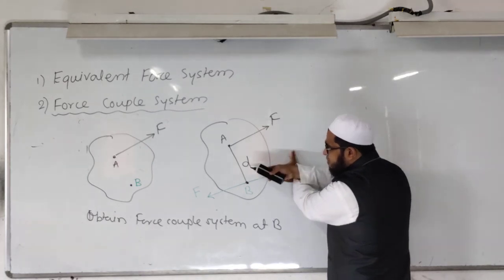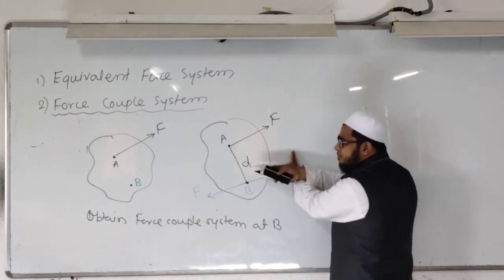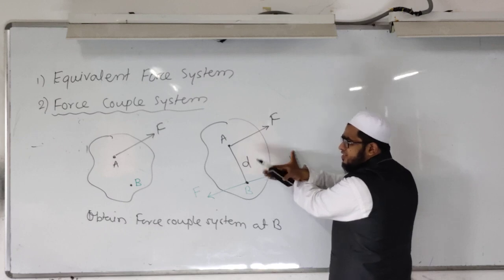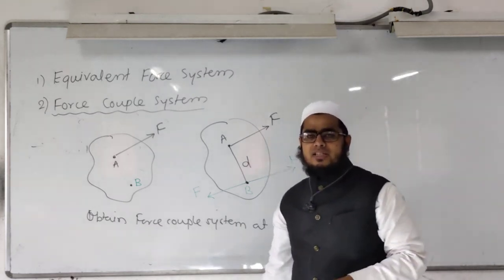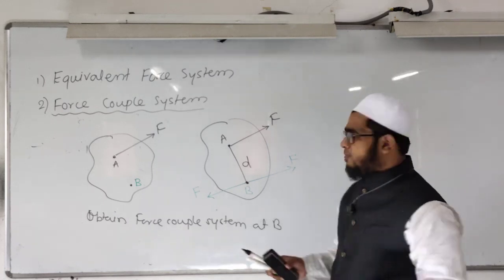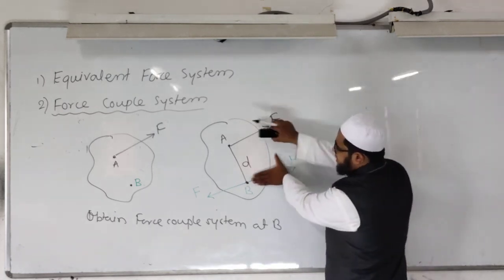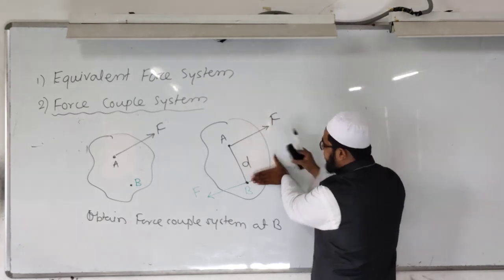Two forces separated by distance d forming a couple. We know the definition: when two unlike parallel forces acting on an object separated by a finite distance form a couple. Hide this force. These two forces are forming a couple.